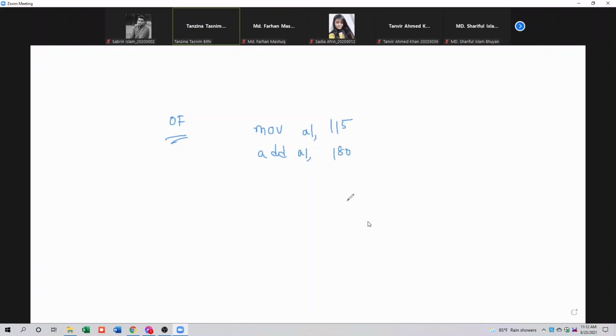So what will be the result of this addition? 115 is a signed number, so it's a positive number. 180 is also a positive number. So what will be the result of this addition? The result will be 5. 1 plus 8, that is 9. 1 plus 1 equals 2. 295. So what will be the binary representation of 295?